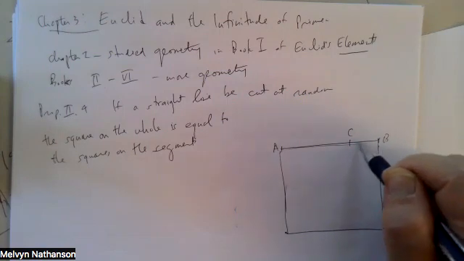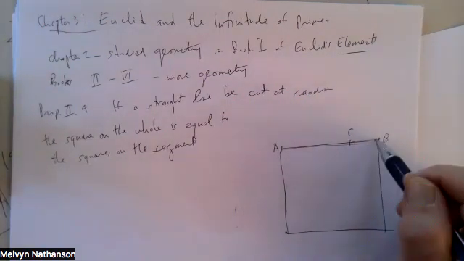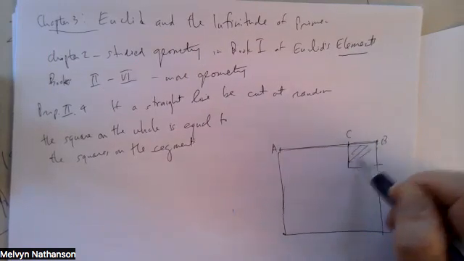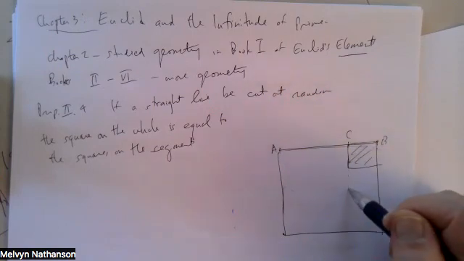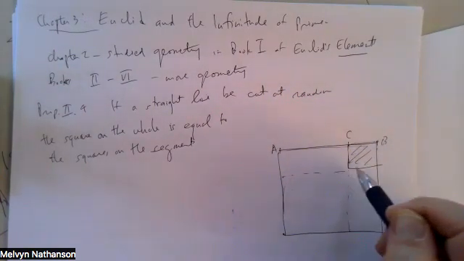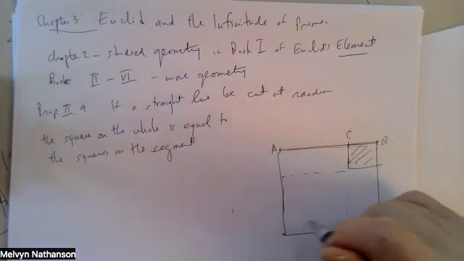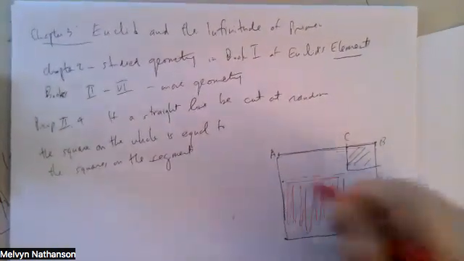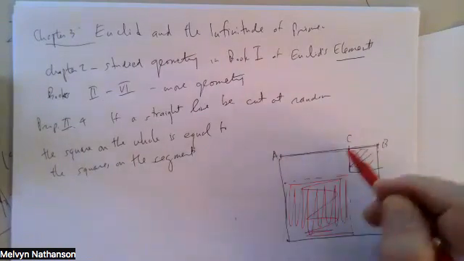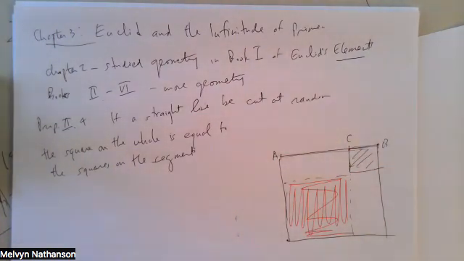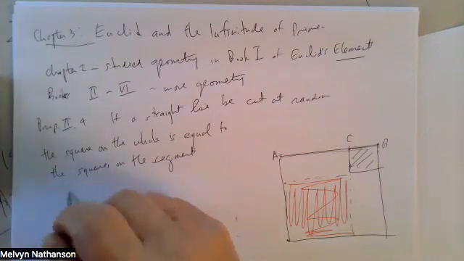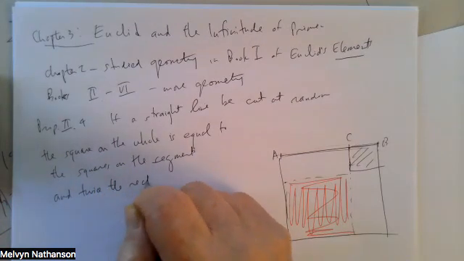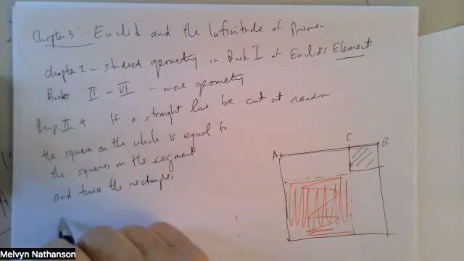So let's say here, this is one of the segments from C to B. That's the square on this segment, and this is the square on this segment. I'm just drawing it like that. Is equal to the squares on the segments and twice the rectangles contained by the segments.